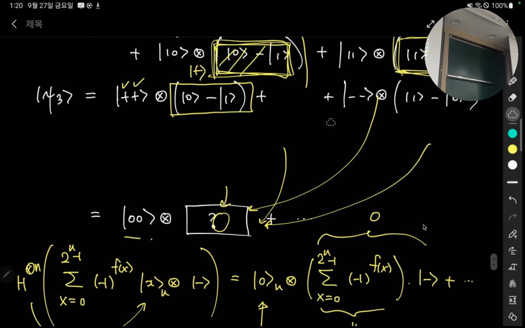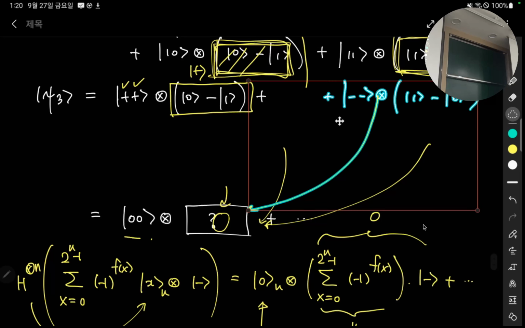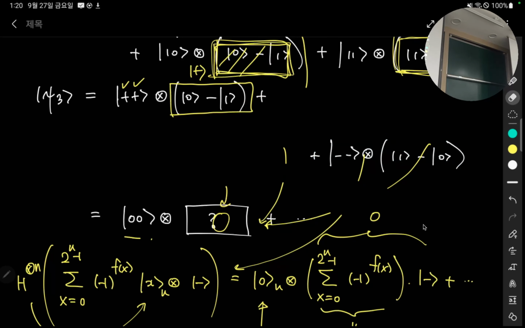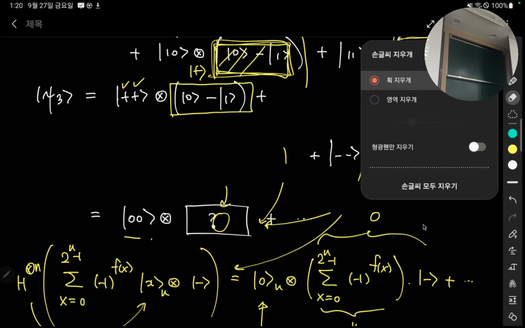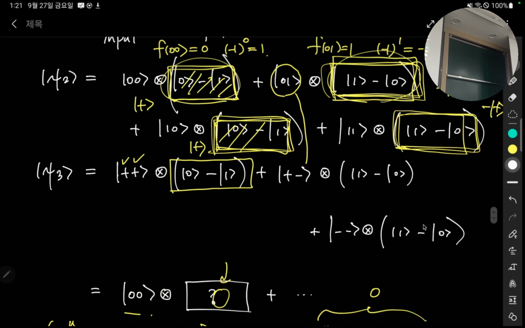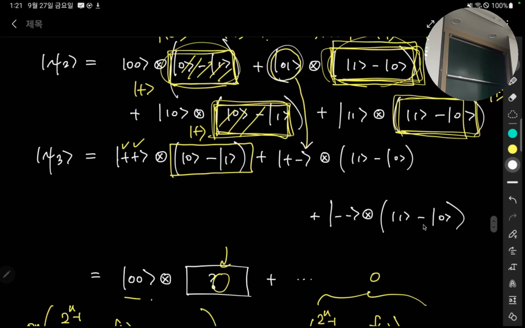Okay, so here I have plus minus 1 minus 0. So I'm looking at this one, okay? And I have minus plus 0, 1.